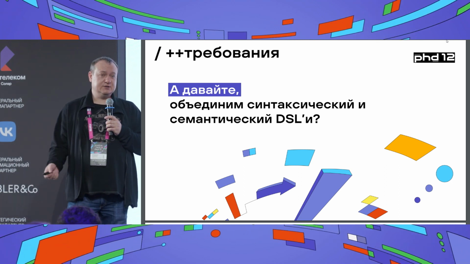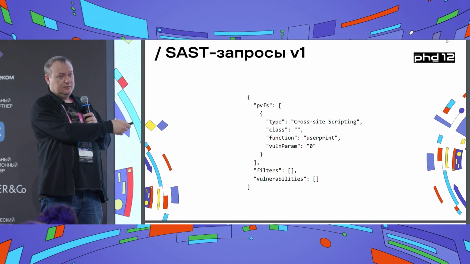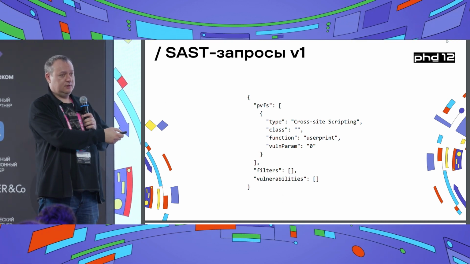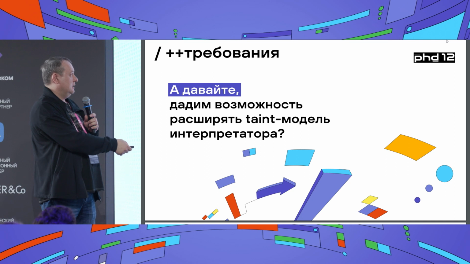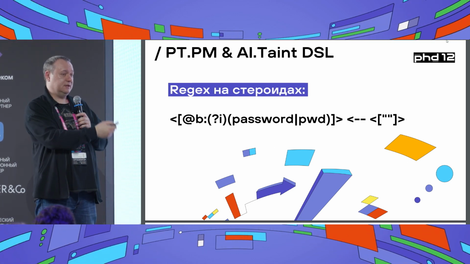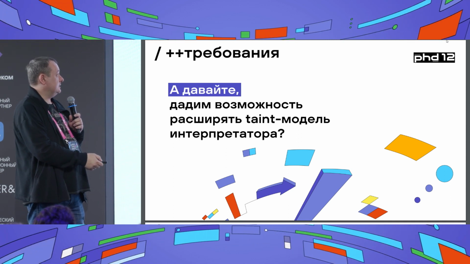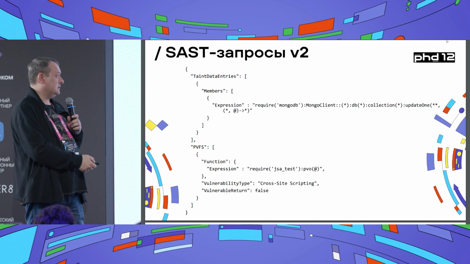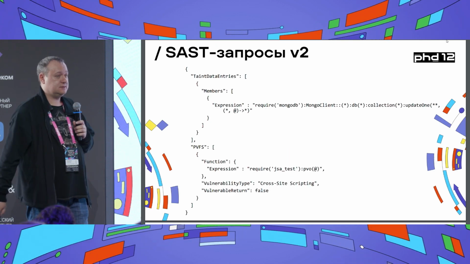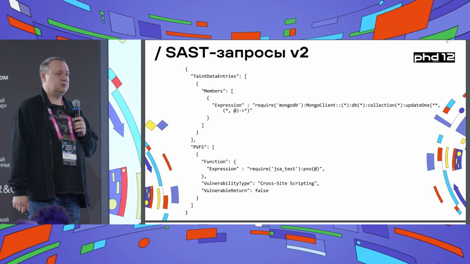A new request came in. Let us join DSL semantically and non-semantically. This is semantic DSL. We are talking about semantics, not about syntaxes. And this is the syntax. This is the way it should look in the text. Let us merge syntax and semantics. As a result, we have SAST v2. It's in the release.